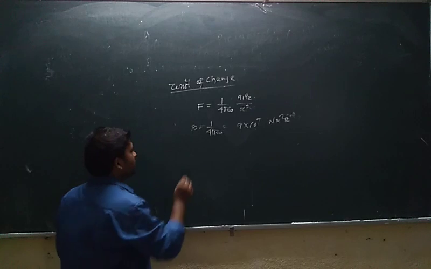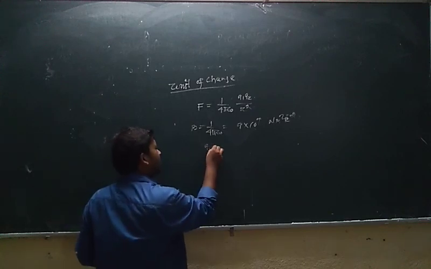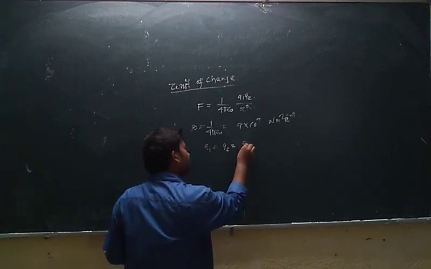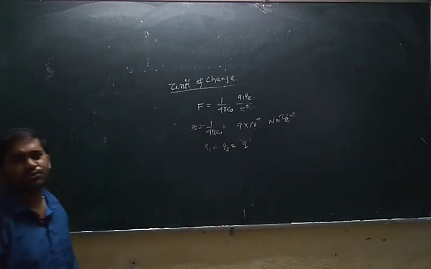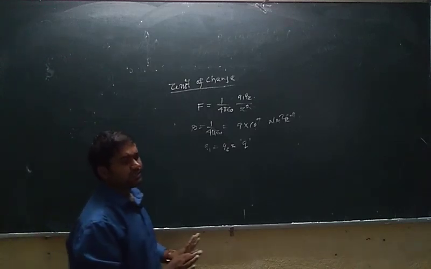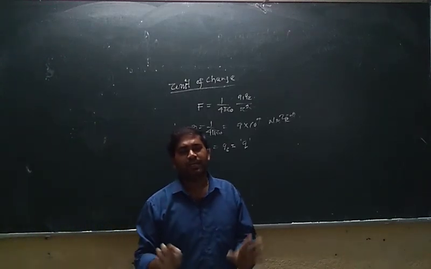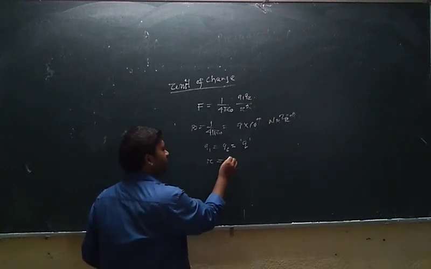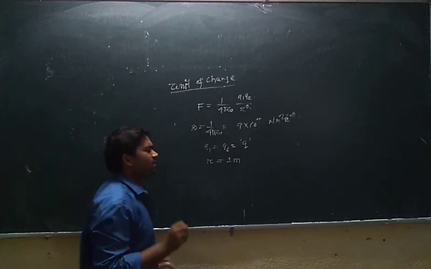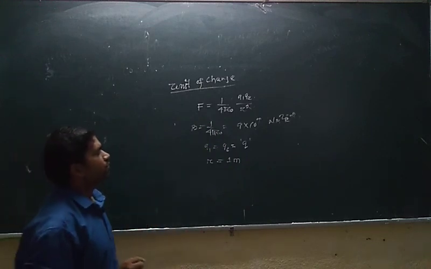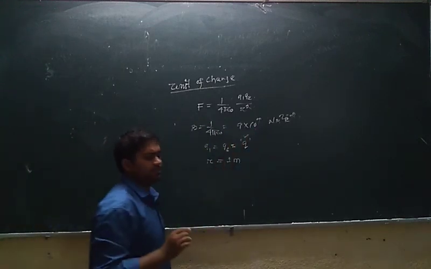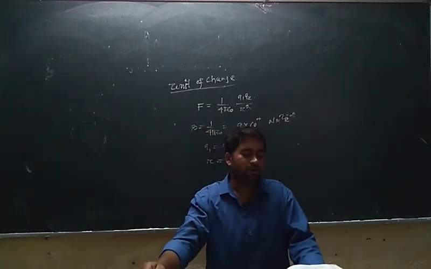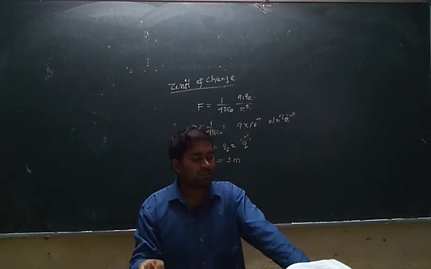That means we may consider that Q1 equals Q2 equals Q. Both the charges Q1 and Q2 are of the same magnitude and they are separated by a unit distance, that is 1 meter. Then what is the value of the charge?